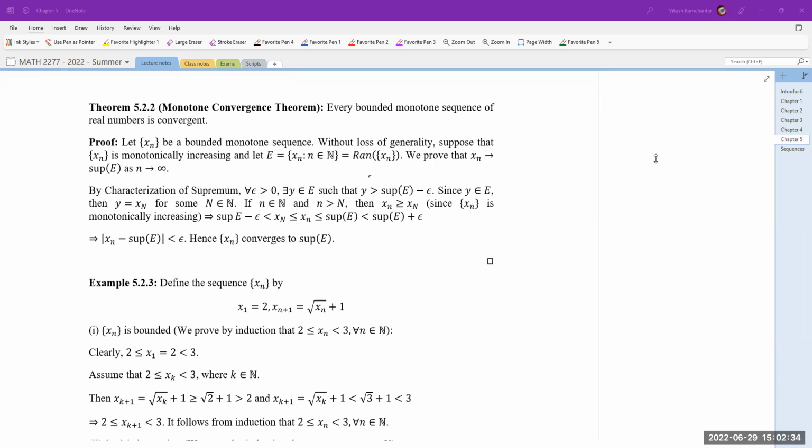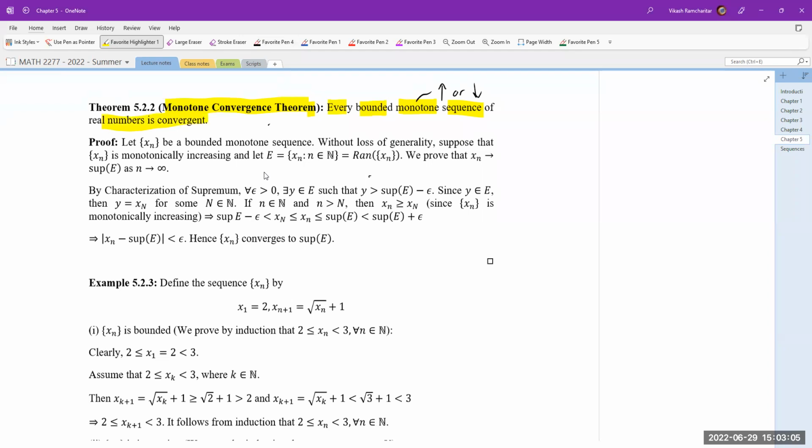Okay, so last time we were discussing the monotone convergence theorem, which tells us when a monotone sequence converges. It tells us that every bounded monotone sequence, so by monotone we mean either increasing or decreasing, any monotone sequence of real numbers is convergent.